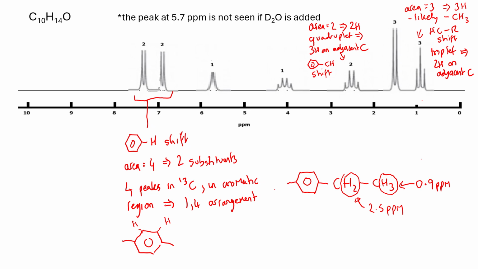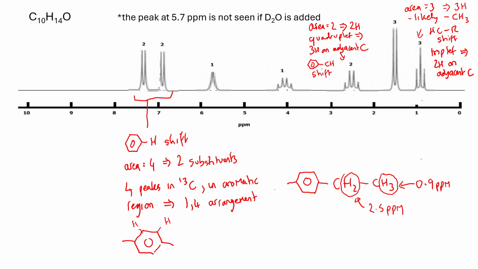So we actually know we have that bit of structure from looking at these two peaks at 0.9 and 2.5 ppm. So now all that remains is to work out what these remaining three peaks are and to use those to put together this bit of structure at the other end of the benzene ring.